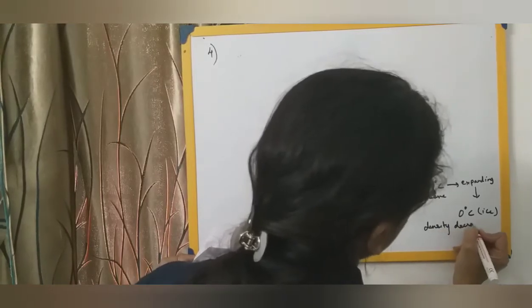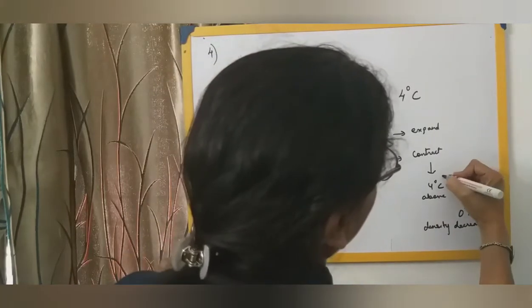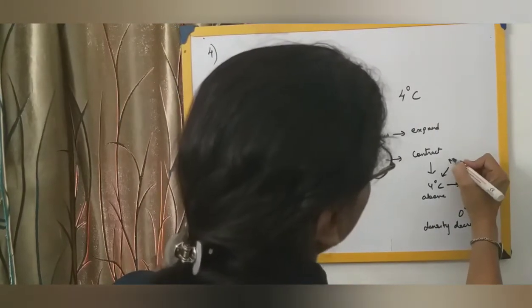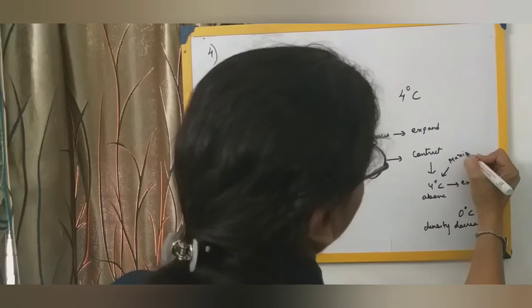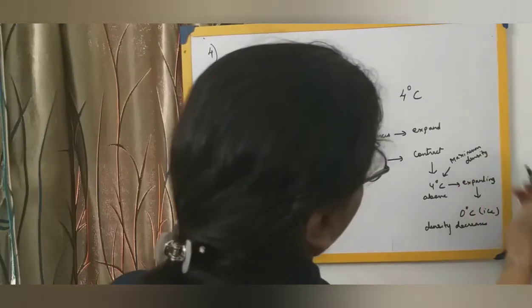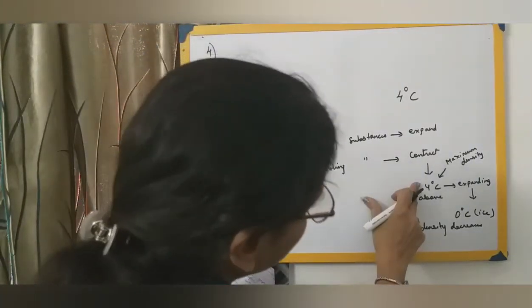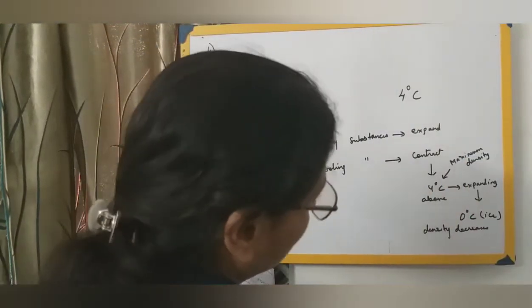So from here density starts decreasing, and ice will have the lesser density, and at 4 degrees Celsius water will have the maximum density.